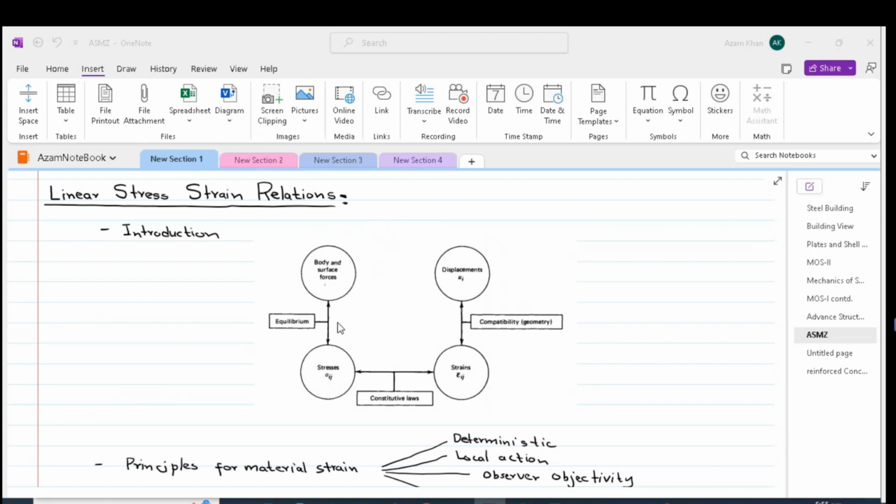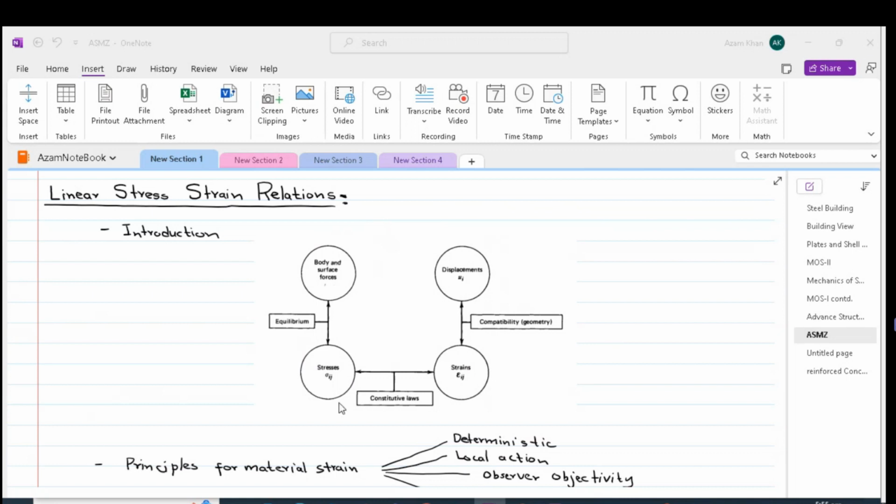We used equilibrium in the case of stresses to relate body force and surface forces with the stresses. Whereas in the case of strains, we use compatibility equations or compatibility conditions to ensure that the strains are related to the displacements.